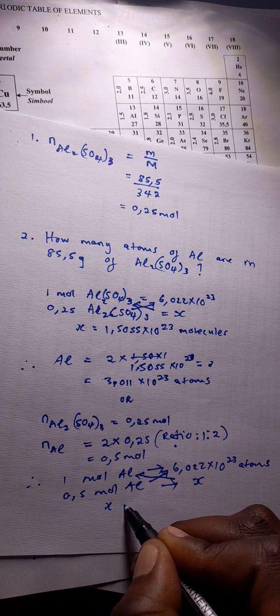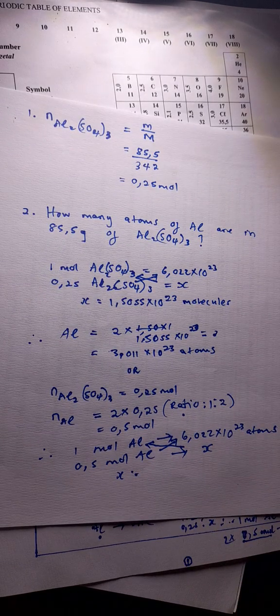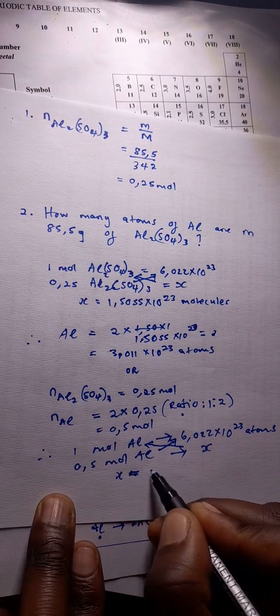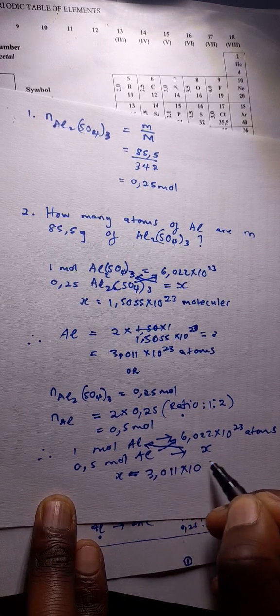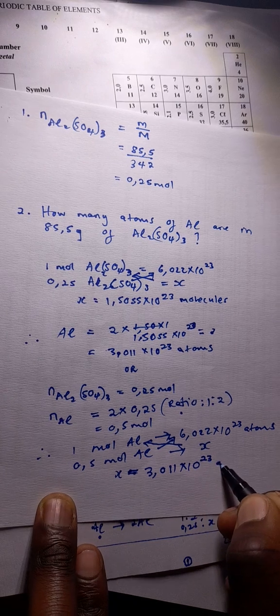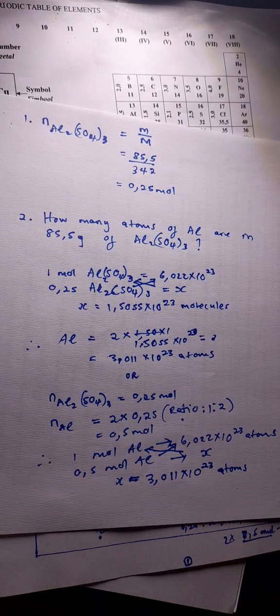So your x will be 3.011 times 10 to exponent 23 atoms. Okay, I hope you got that right.